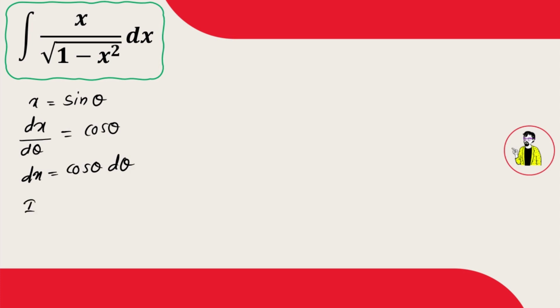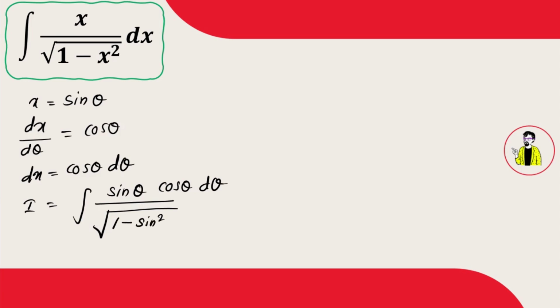Again we are going to substitute here, so for x we substitute sine theta, and for dx we write cos theta d theta, and inside the square root we have 1 minus sine squared theta.